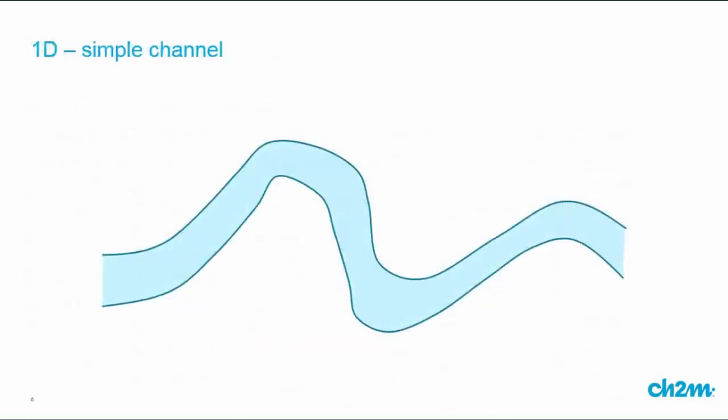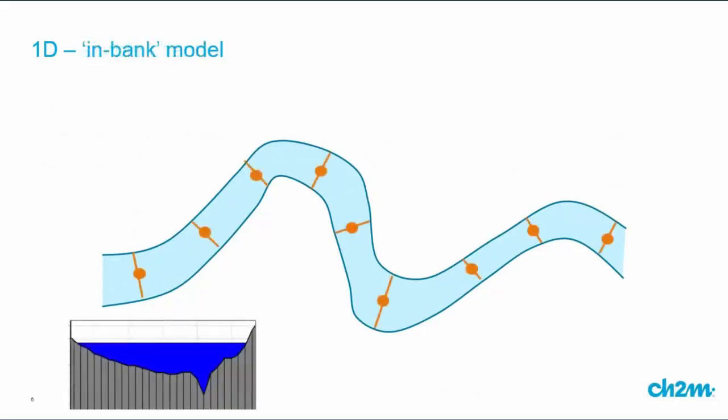Now let's try and show this 1D approach graphically. On the screen, we've got a meandering river going across the page. Now 1D modelling is where, for the river part of it, we survey a cross-section of the in-bank channel, and that's shown by these brown lines on the screen that are the planned position of a cross-section of the channel.